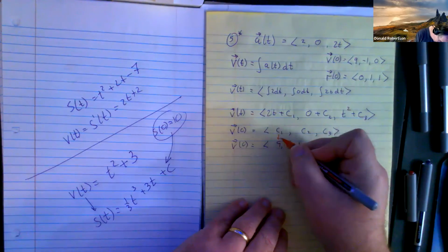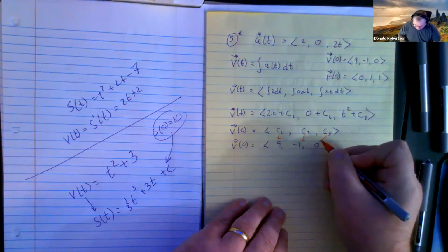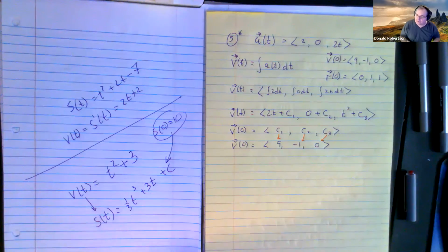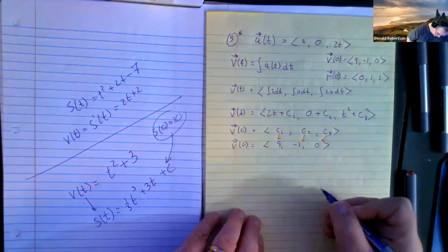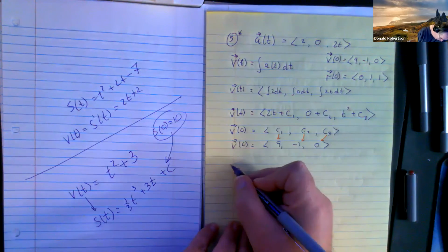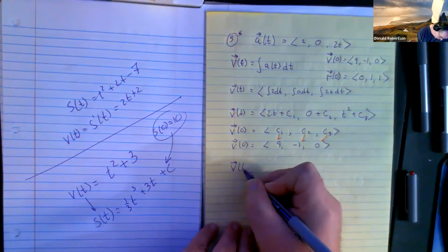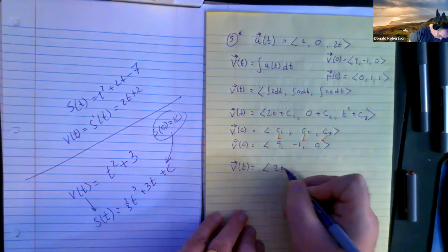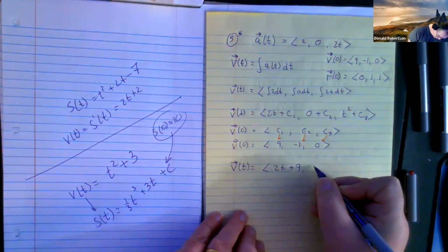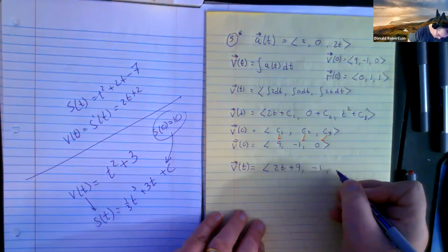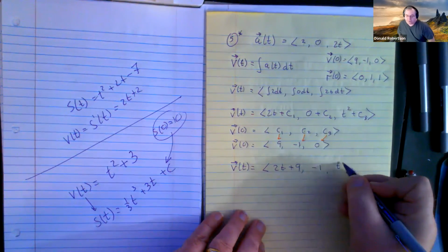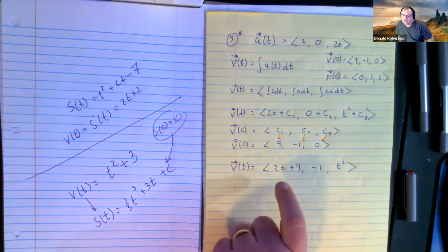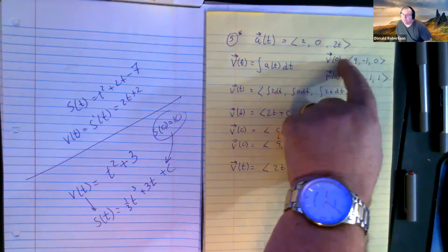And there's no reason why these numbers are always going to be C1, C2, and C3. Can you imagine that sometimes you have to add one or take away one or something, right? But in this case, C1 is 9, C2 would have to be -1, and C3 would be 0. So now I know everything about the velocity function. It's 2t plus 9, it's 0 minus 1, and it's nothing plus 0, so it's just t squared. Are you comfortable about how we found C1 and C2 and C3 by using this boundary condition?